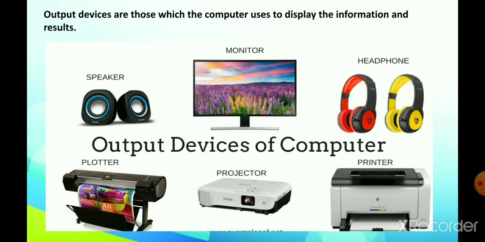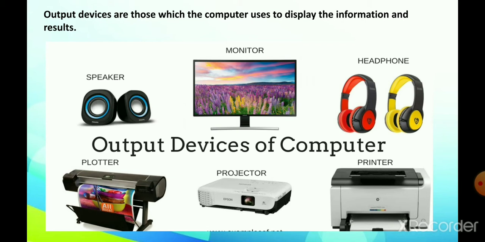Monitor. Monitor, commonly called as Visual Display Unit (VDU), is the main output device of a computer. It forms image from tiny dots called pixels that are arranged in a rectangular form.